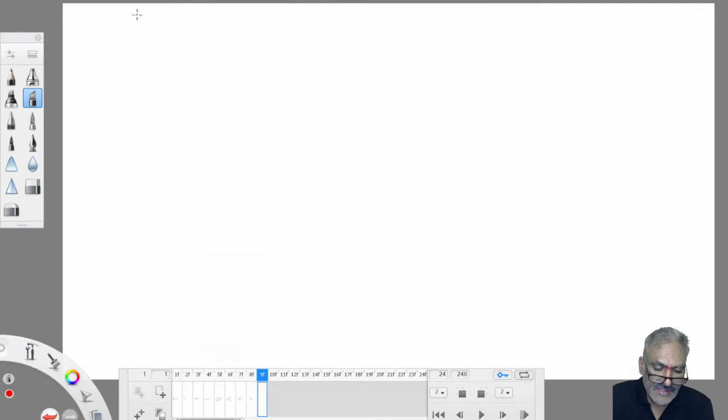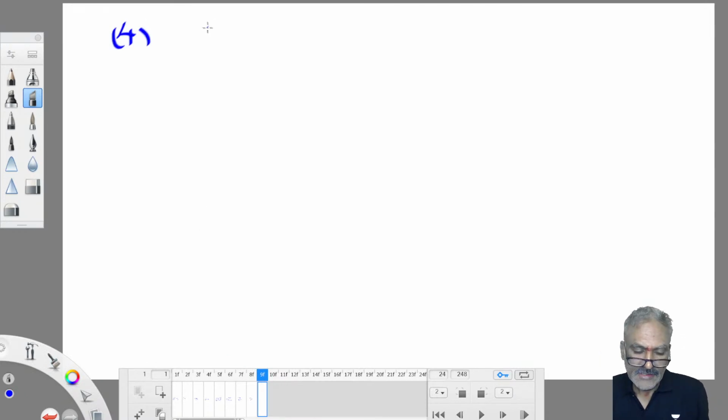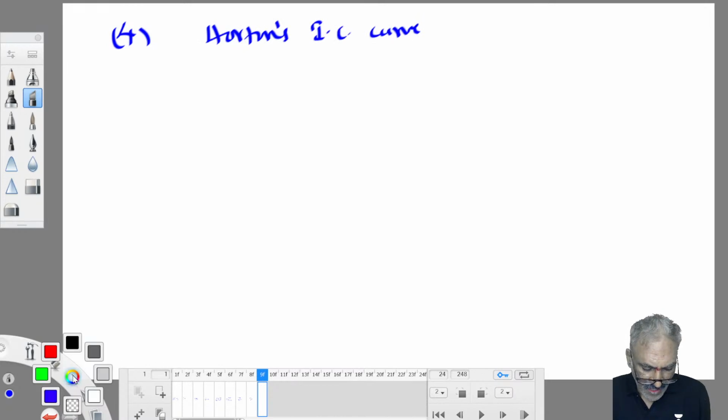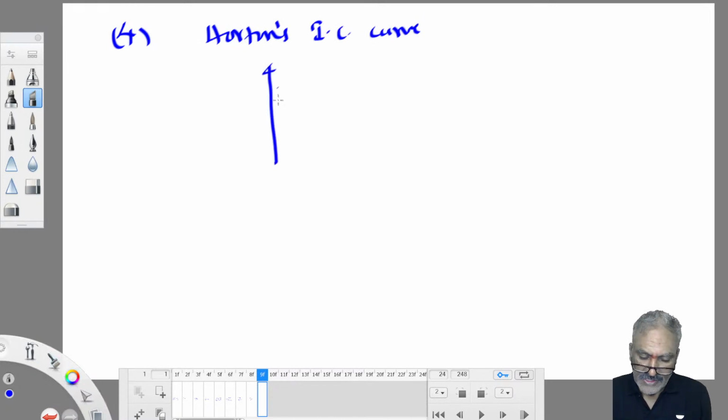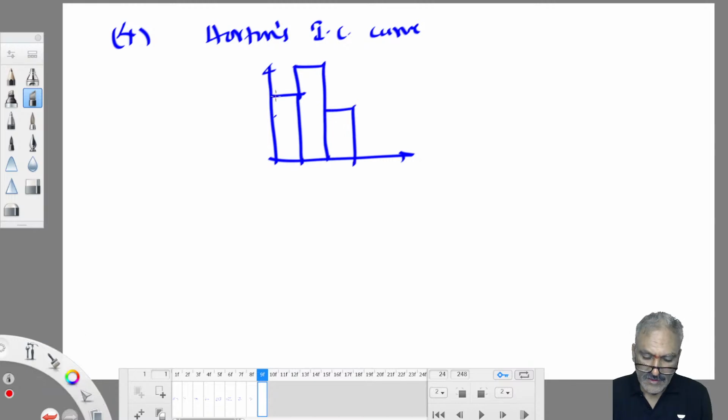Then the fourth method is Horton's curve. Horton's infiltration capacity curve, which we already discussed, can also be used for runoff by superimposing it over the rainfall hydrograph. The area of the hydrograph above Horton's curve represents runoff only.